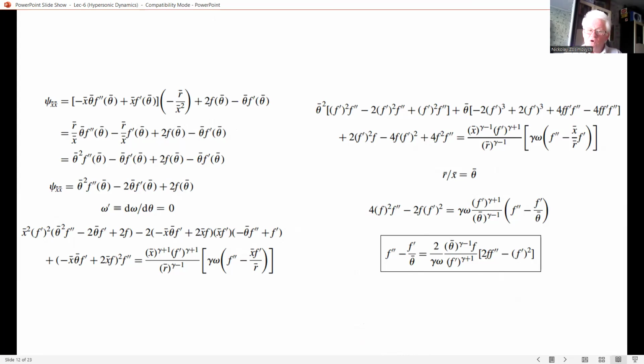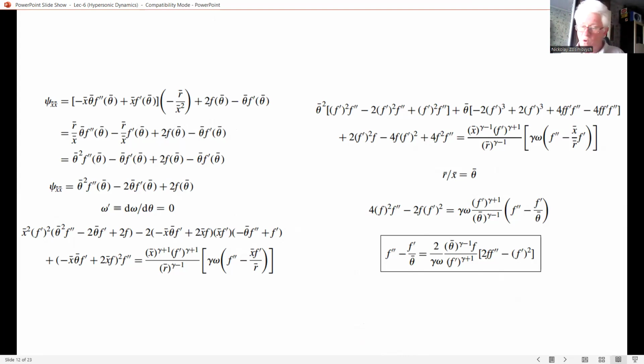An expression for omega can be obtained directly from the hypersonic shock wave relation derived in our last lecture. So, examine that equation and ensure that rho average and P average are respectively defined.